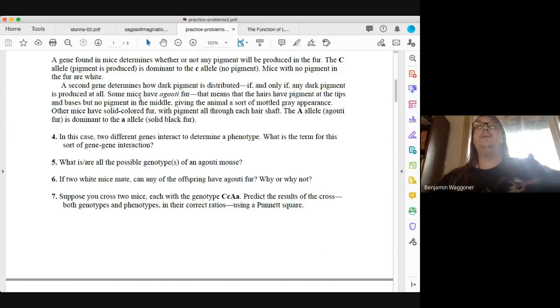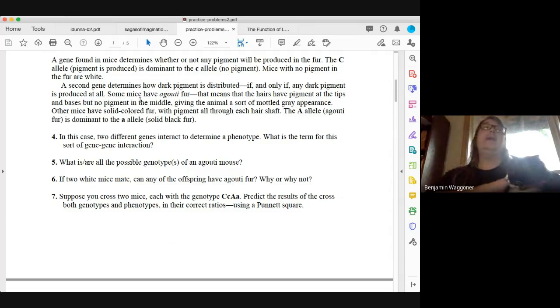A gene found in mice determines whether or not any pigment will be produced in the fur. The big C allele is dominant to the little c allele. Mice with no pigment are white. A second gene determines how dark pigment is distributed. Some mice have agouti fur and others have solid colored fur.